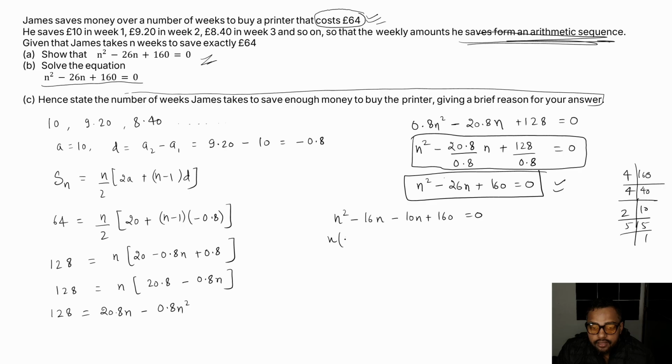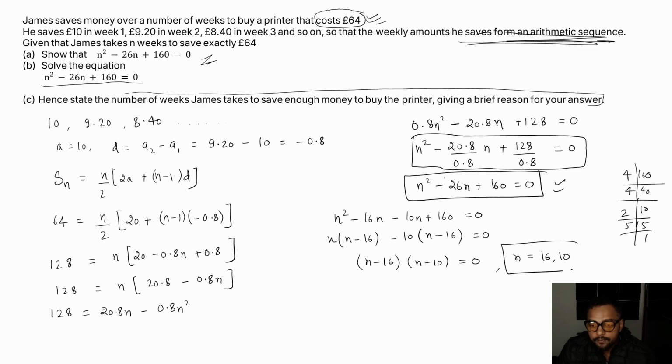Now we need to take the factors here, so we get (n minus 16), and again the factor here is (n minus 10), so in the brackets the sign changes, equals 0. So here we are getting (n minus 16)(n minus 10) equals 0. So the values which we are getting are n equals 16 and n equals 10.